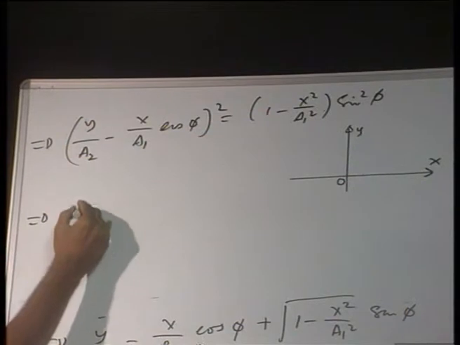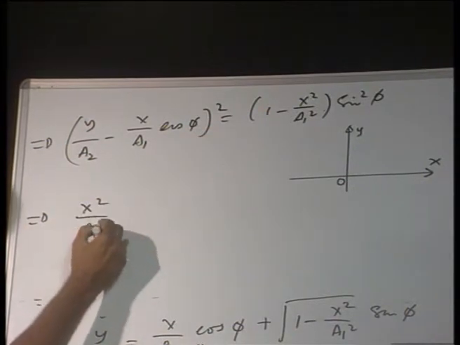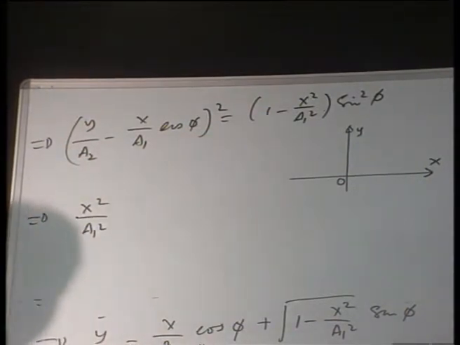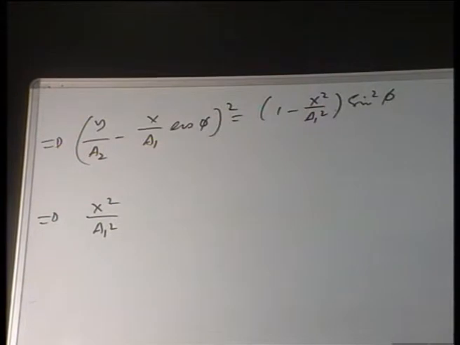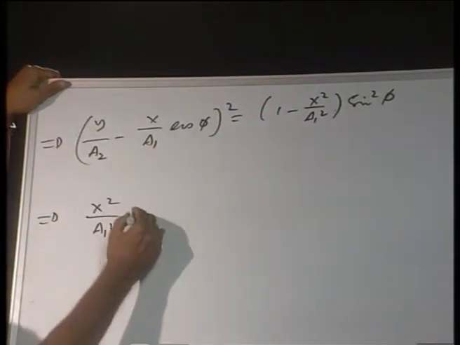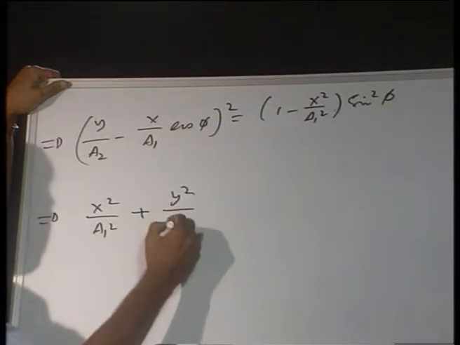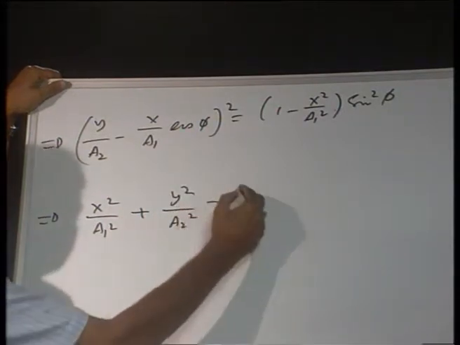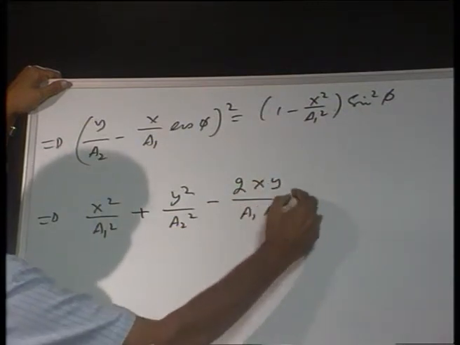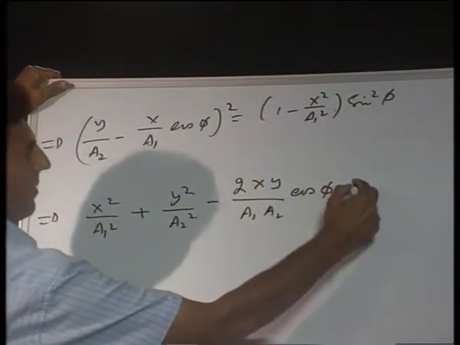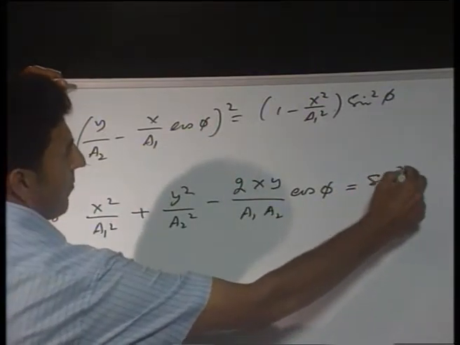It is x square by a1 square plus y square by a2 square minus 2 times xy by a1 a2 cos phi equal to sine square phi.